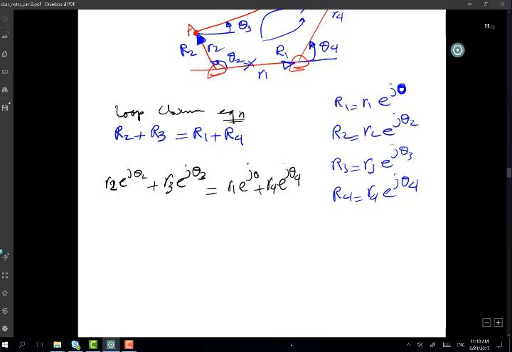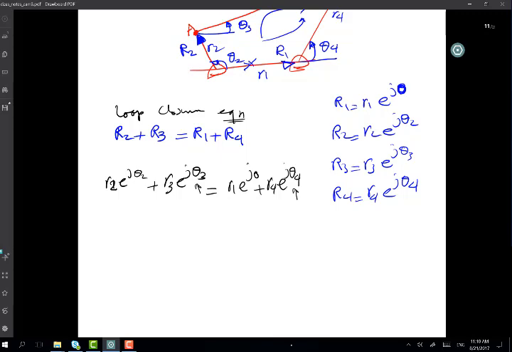Now, with this equation previously, I want you to pay attention to what I'm saying right now. We used the loop closure equation previously to calculate the angles theta 3 and theta 4 as functions of theta 2. So when we do velocity analysis, we take it from this point on.